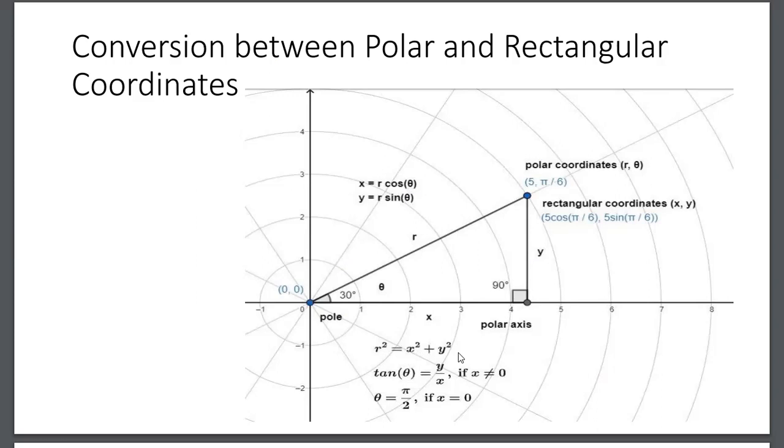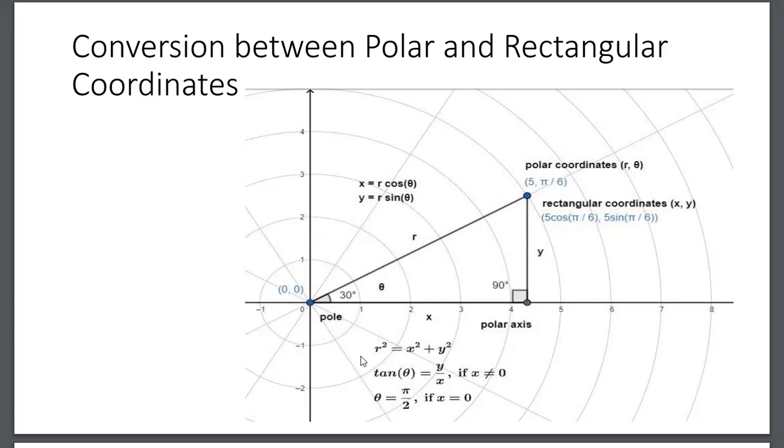And also of note, using trigonometry, is that the tangent of theta, which is the opposite over the adjacent, y over x, that's another relationship we see here. And of course, x can't be 0 for this. If x is 0, then theta will be pi over 2, a 90-degree angle for that to happen.